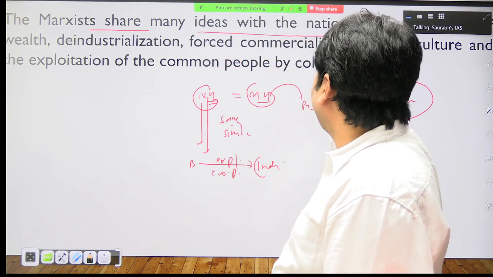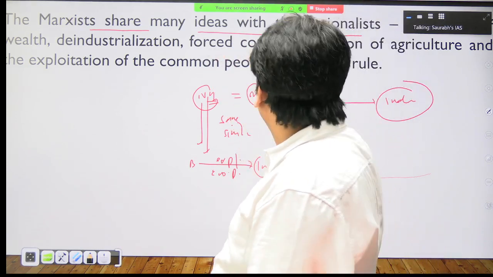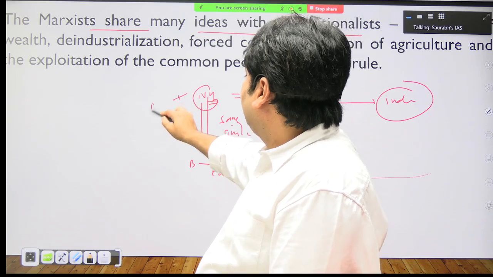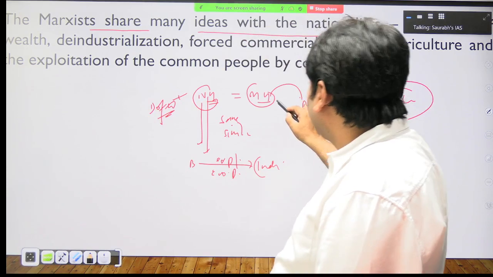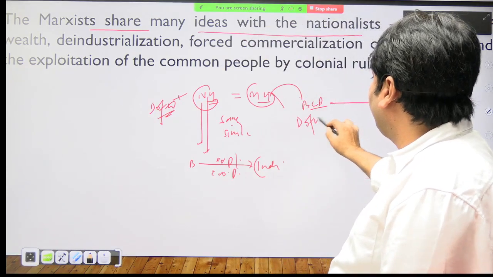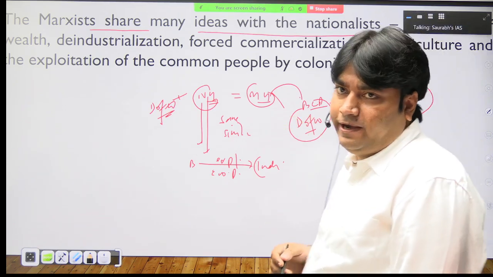So now they share many ideas. For example, nationalist historians also believe in drain of wealth, that British were doing what? Drain of wealth from India. Marxist historians were also believing that British were doing what? Drain of wealth from India.